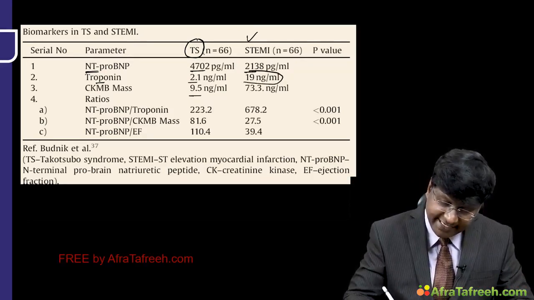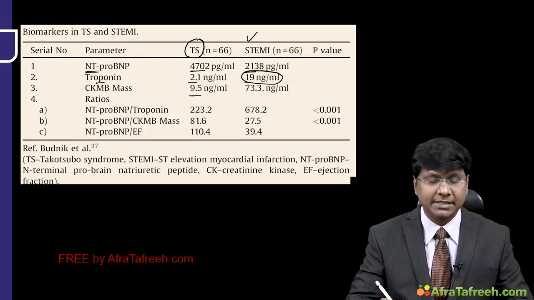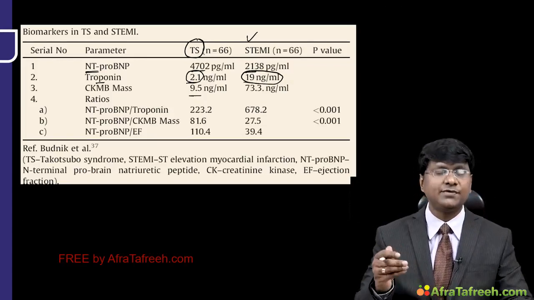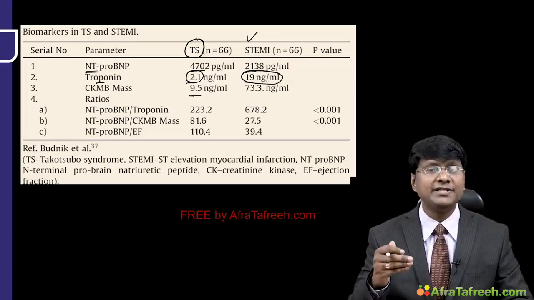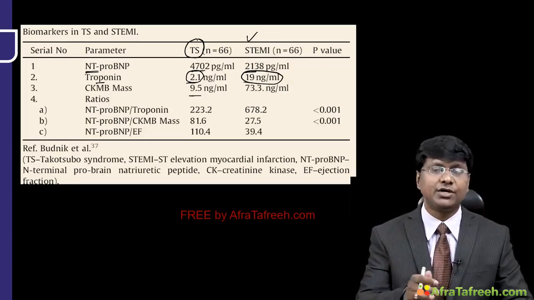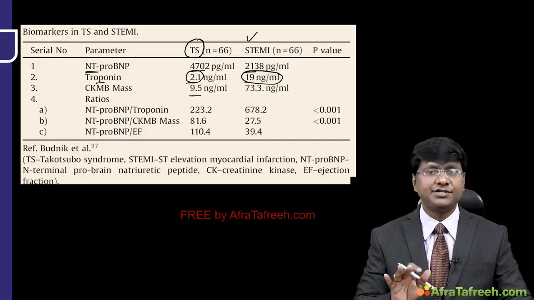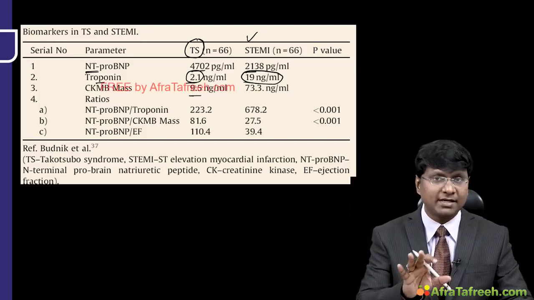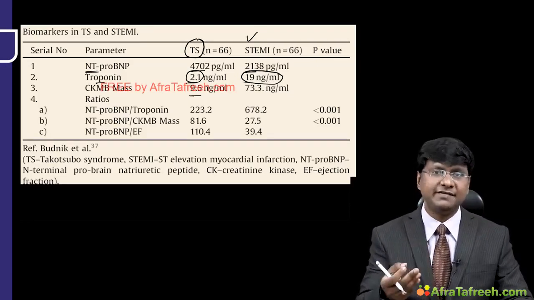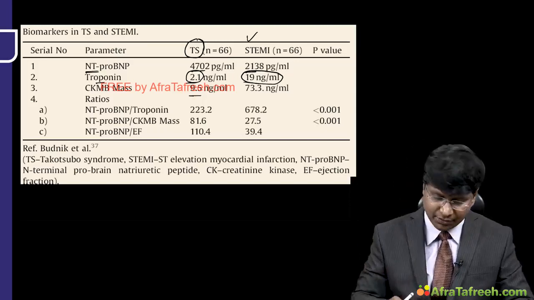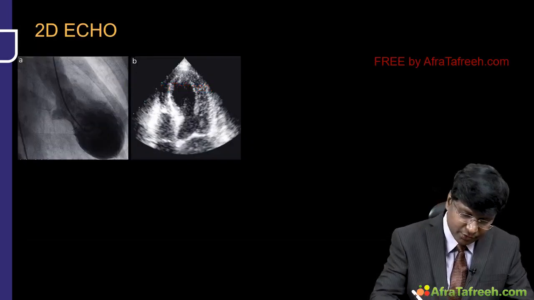This is 19 nanograms per ml, compared to 2.1 in case of Takotsubo cardiomyopathy. So in case of acute MI, your troponins are much more elevated compared to your NT-proBNP, right? So this is how you can differentiate, based on the biomarker levels which are significantly elevated, whether it is Takotsubo cardiomyopathy or STEMI.